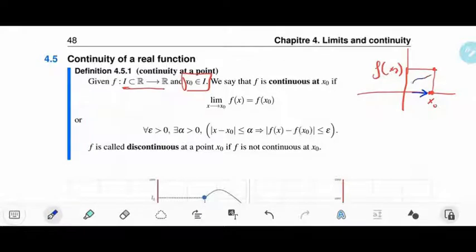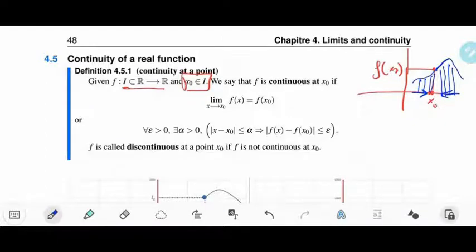You see the images? They are approaching f of x0. And if you are approaching x0 from the right side, the images of the function will be approaching f of x0 as well. If these properties are satisfied, it means that f is continuous at the point x0.